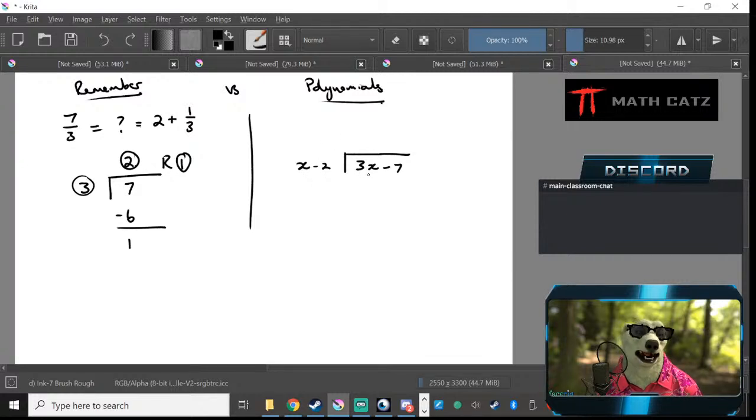We have multiple terms, so there's a slight adjustment. What I'm going to do is first compare leading terms when I ask the next question. 3 goes into 7 how many times? X goes into 3x how many times? X goes into 3x 3 times. Then I multiply 3 with the whole divisor, just like I multiplied 2 by 3 in the elementary school example.